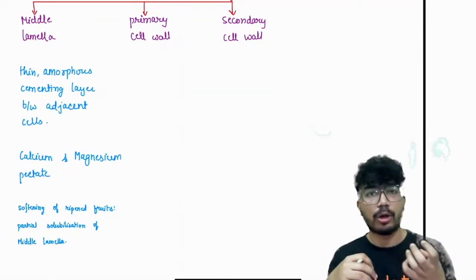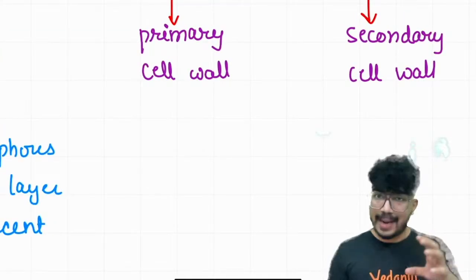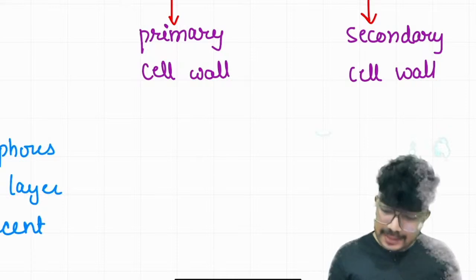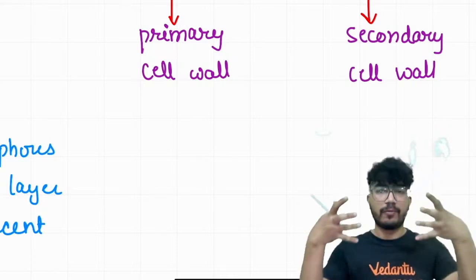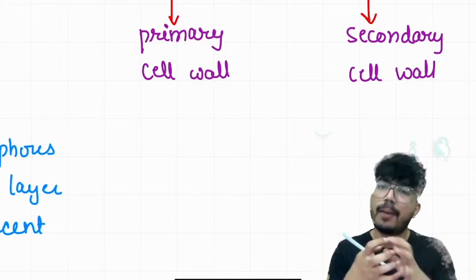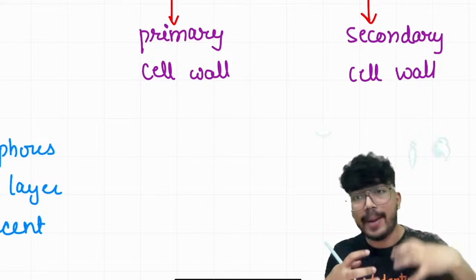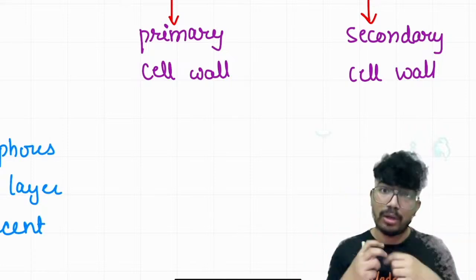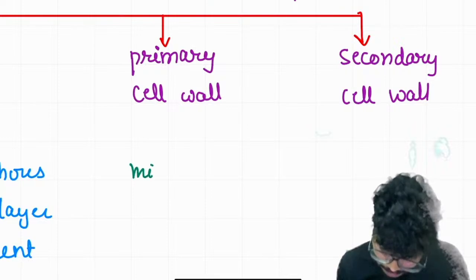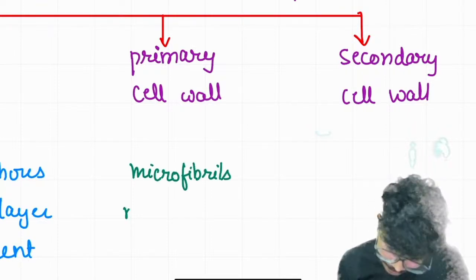Next, we are going to talk about the primary cell wall. Let's talk about the structure of the primary cell wall first. The structure looks like you have microfibrils made up of cellulose, which are embedded in the ground substance or the matrix.